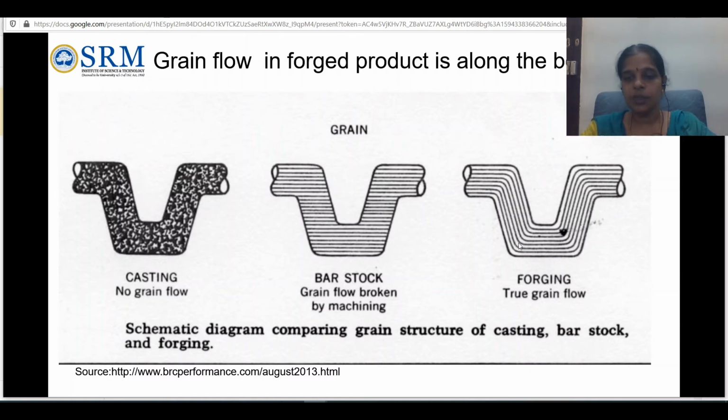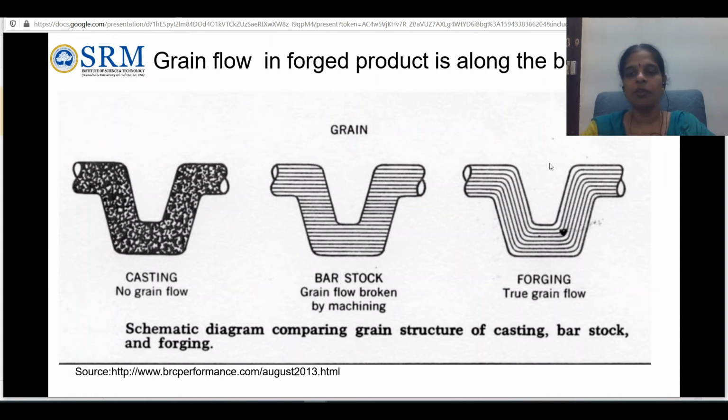Whereas just observe the grain flow in the forged piece, because we are making the metal flow along the lines. The metal flow takes place along the direction of the force applied, and because of that the grain flow follows the shape of the boundary of the crankshaft. So it possesses higher mechanical properties like toughness, fatigue strength and high hardness.